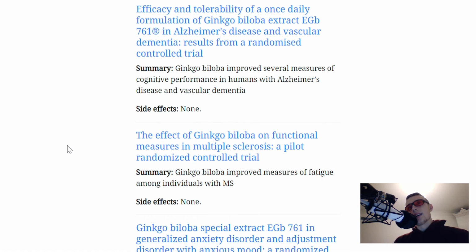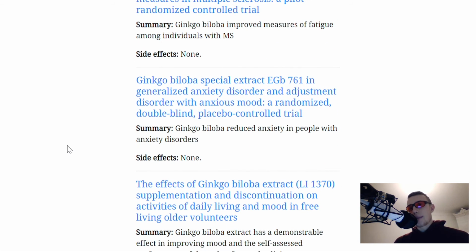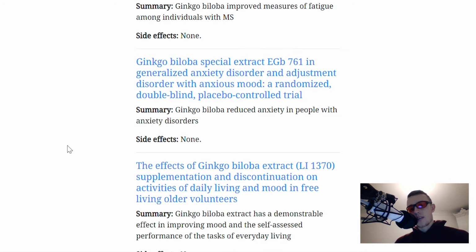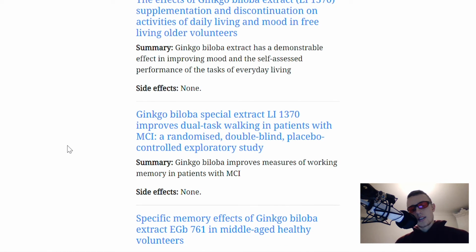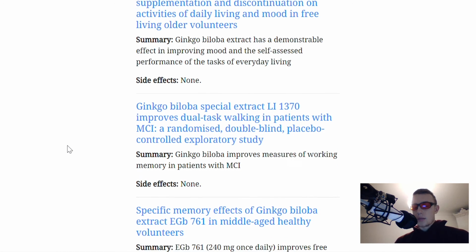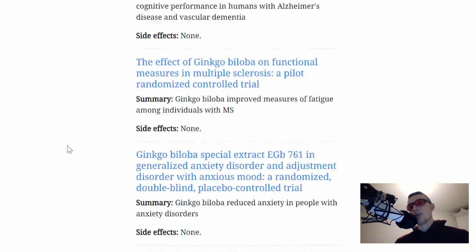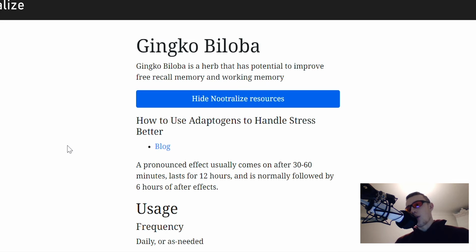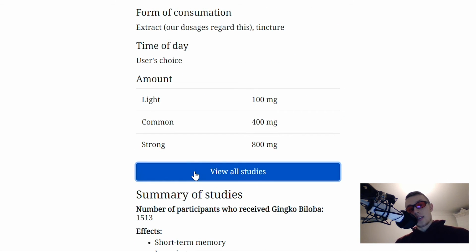And what a Nootralize effect is, is that we think that in order to serve our users the best nootropic recommendations for their individual needs, it's going to be much more efficient if we do not let the user search for any effect that could be measured in the science.